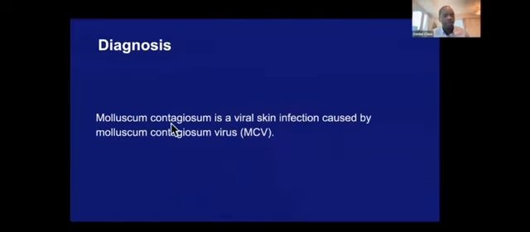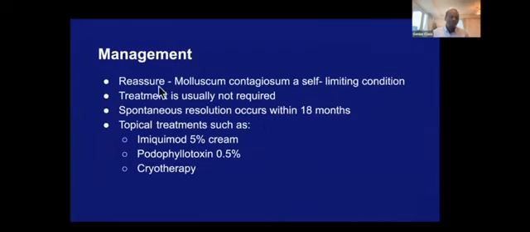Diagnosis: explain. Now, remember, in this particular case it was a telephone call, so therefore you're going to find the picture in the station. Explain that Molluscum contagiosum is a viral infection caused by the Molluscum contagiosum virus. Reassure that it is a self-limiting condition. Treatment is usually not needed. Spontaneous resolution is expected within 18 months on its own.